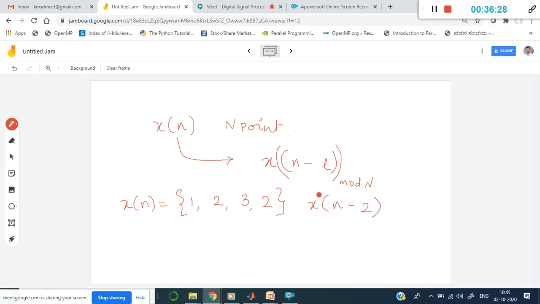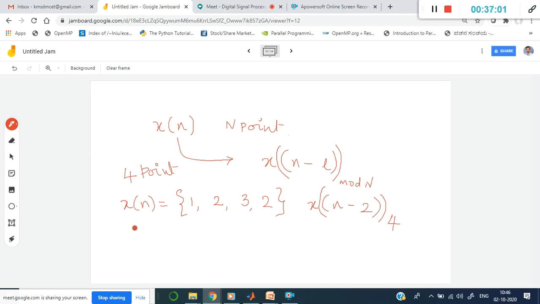How many point sequence is it? This is a 4 point sequence input. Later, when you go for frequency analysis, this signal will be periodic, and since it is discrete, it must repeat its value, right? So this is how the new value looks.